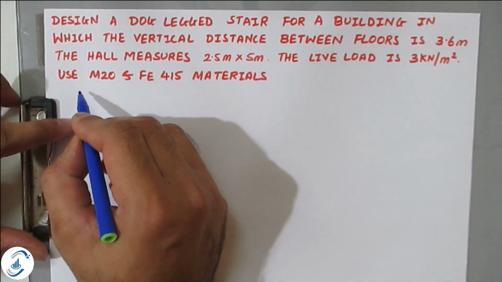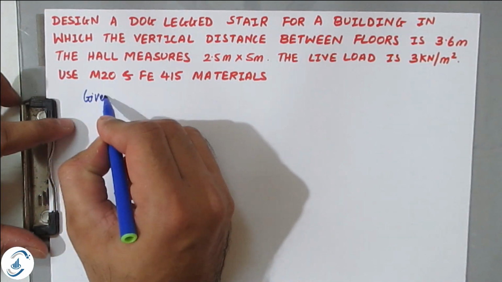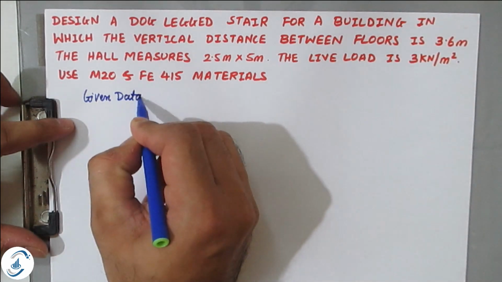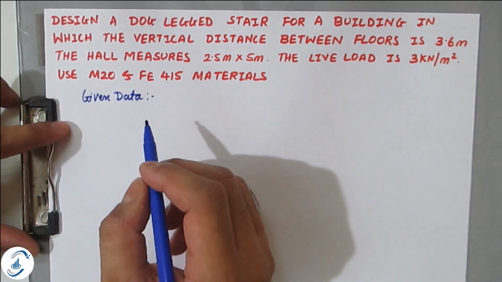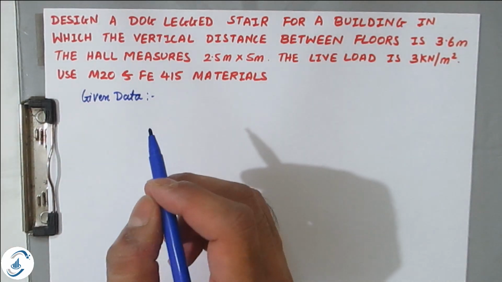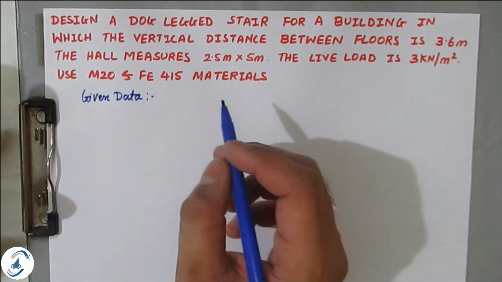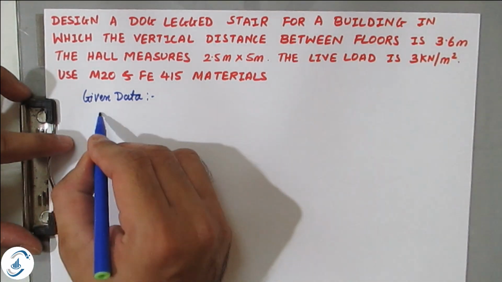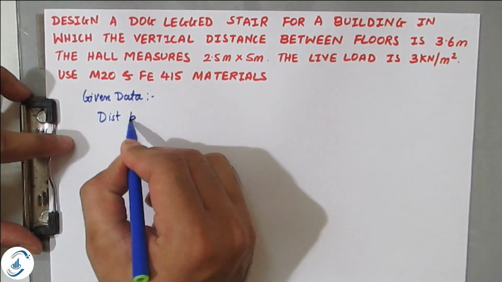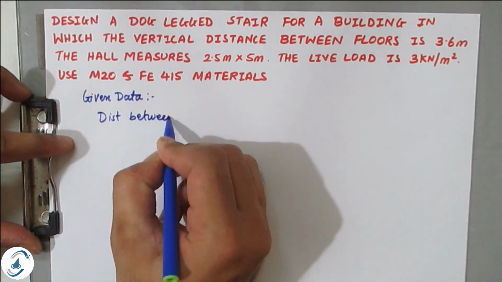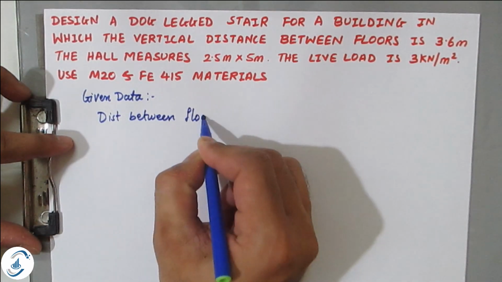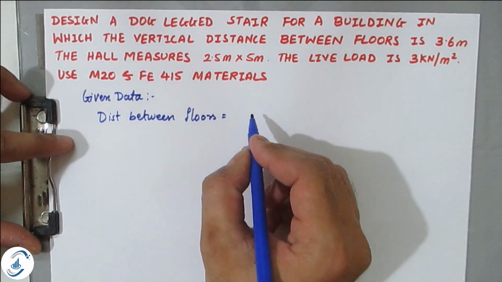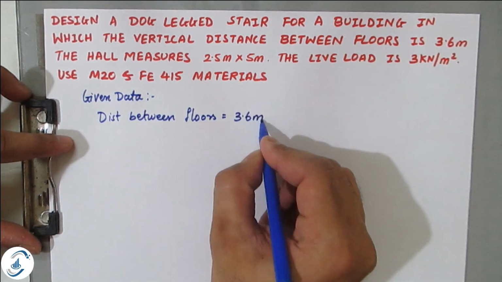So first write down the given data. As a usual practice in design problems, it is very essential to write down the given data. The distance between floors is equal to 3.6 meters.